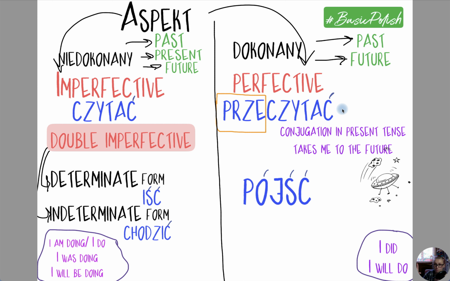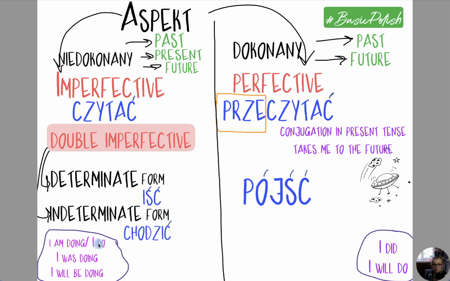So get that concept right. Will do something, not will be doing or will have done, nothing like that. Will do. Okay? Now, present tense conjugation of the imperfective verb will give us either I am doing something, in this instance I am reading, or I do something, right?